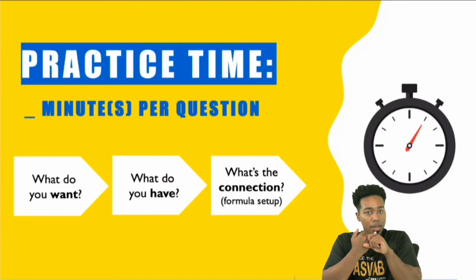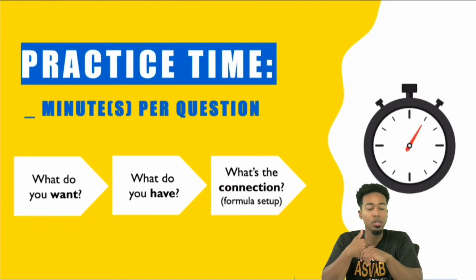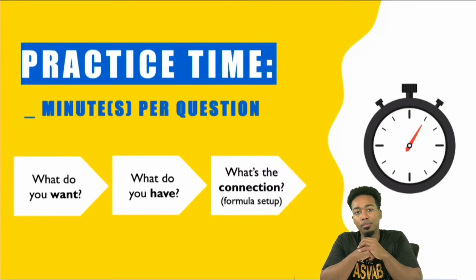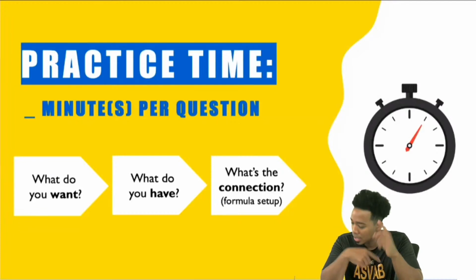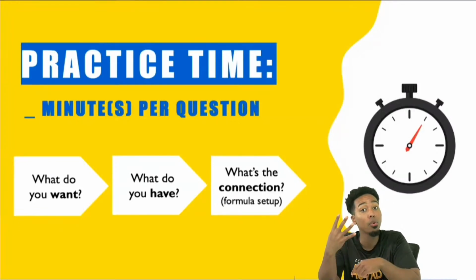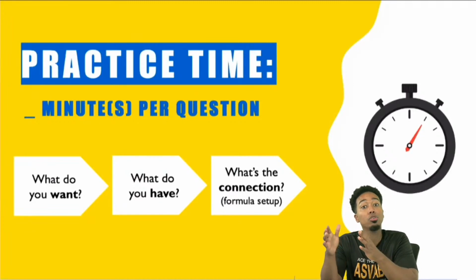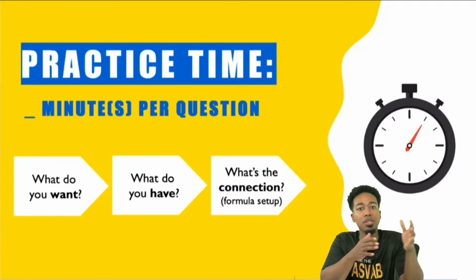Number 1, if you try it out for the first time and you only get 1 or 2 questions, here's your next goal: take it again. Try to get 3 questions right next time. Try to consistently get 3. Then take it again and again and again. Try to get 4, then 5, then 7, then 8, then 10. Start slow. Make sure that you know how to do it first and then speed up.